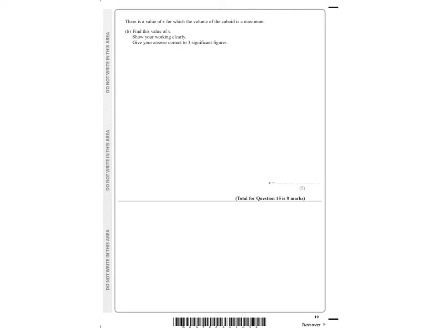So when we're finding the value of x, to show it's a maximum, what we need to do is we are going to differentiate v equals 15 plus 16x minus 2x squared minus 2x cubed. Okay, so what we're going to do is differentiate this to find the gradient function.